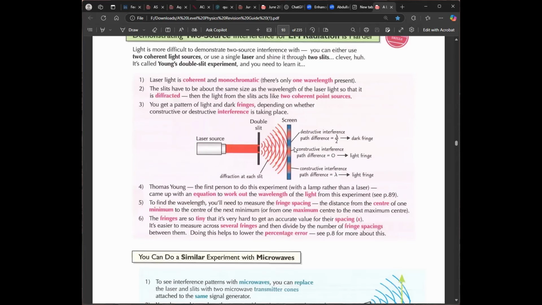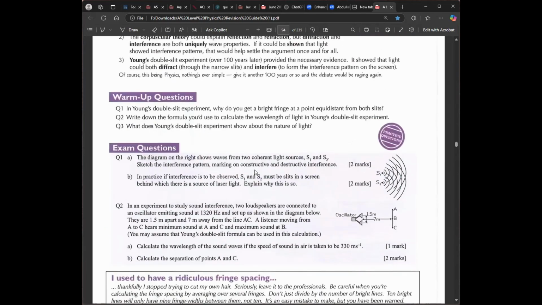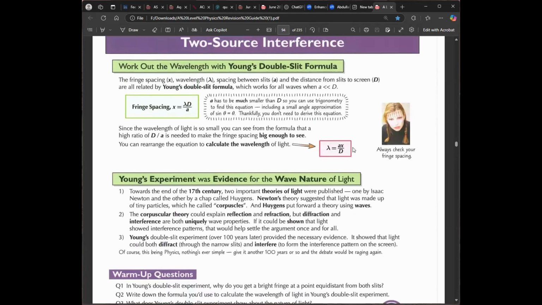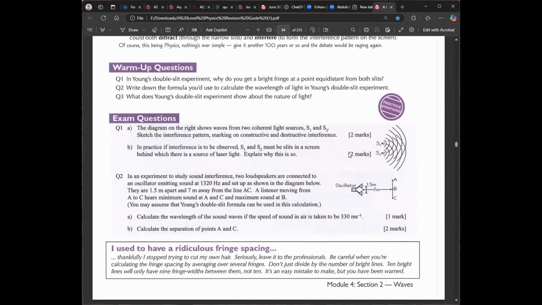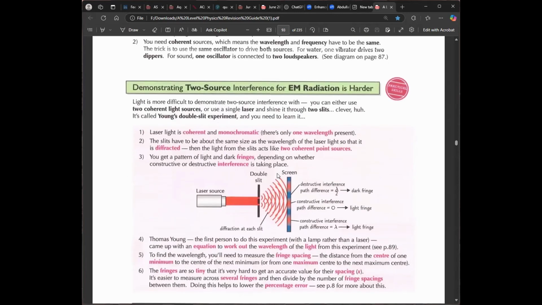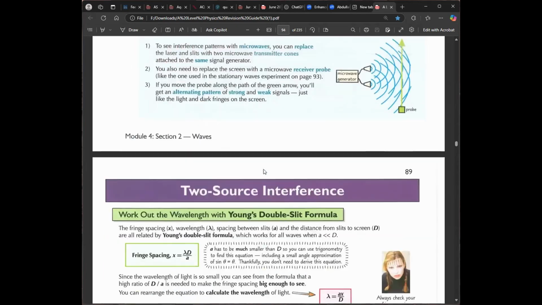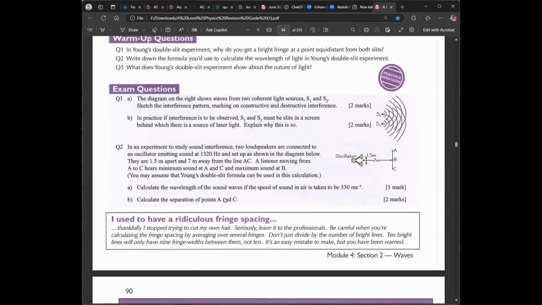The fringes mean the dark and light fringes that you see on the screen. So these are the formulas that you can use there. I think that's about it. You don't need to know how to derive them, but if you are interested, that is just trigonometry that you have to go through. I would not say easily, but you can derive this formula.